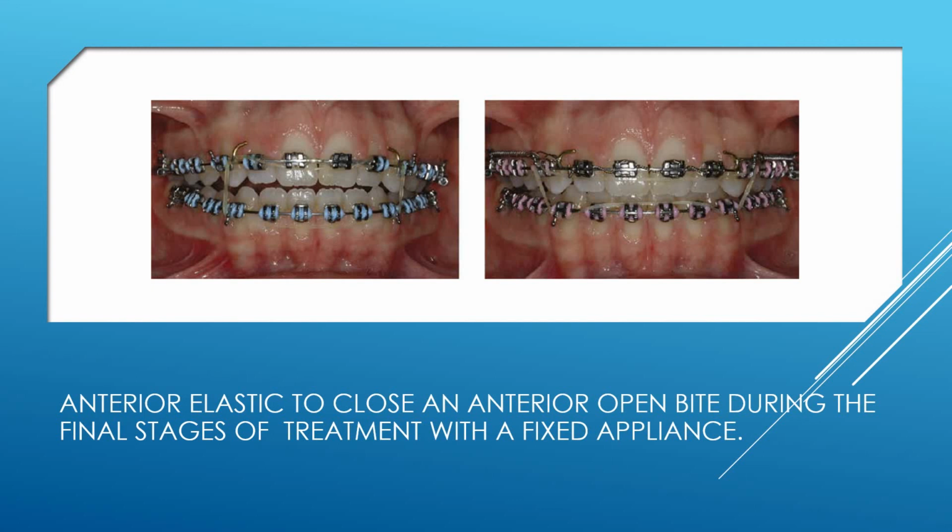Therefore, any further mechanical eruption or extrusion will be inherently unstable and is not advised unless it is related to a digit-sucking habit which has prevented eruption of the incisor. Occasionally, towards the end of fixed appliance therapy, a small anterior open bite can be resolved and occlusal setting achieved by the short-term use of anterior elastics.